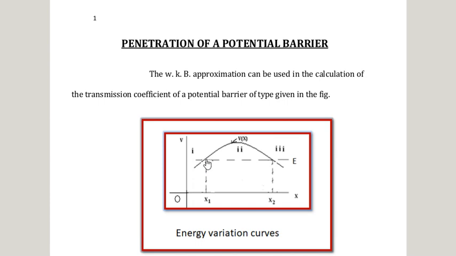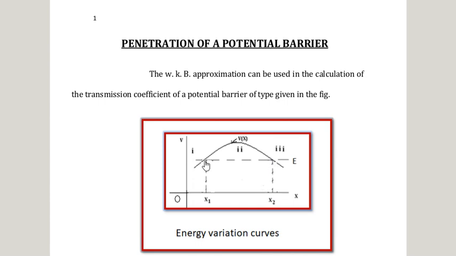Such a point in WKB method is called a turning point. So such variation of potential energy has two turning points, one at x equal to x1 and the other at x equal to x2.